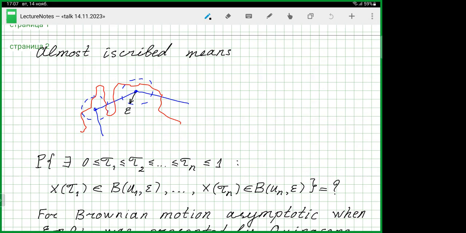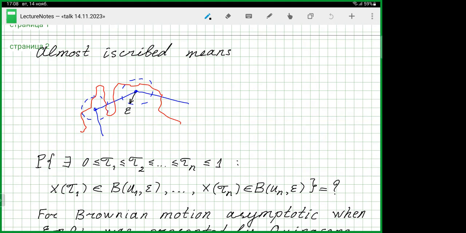The investigation was based on the potential theory for Brownian motion, and the formula became very nice asymptotically: we get 1 divided by the length of the edge of the polygonal line multiplied by epsilon to the power d minus 2. So it was a very nice asymptotic.